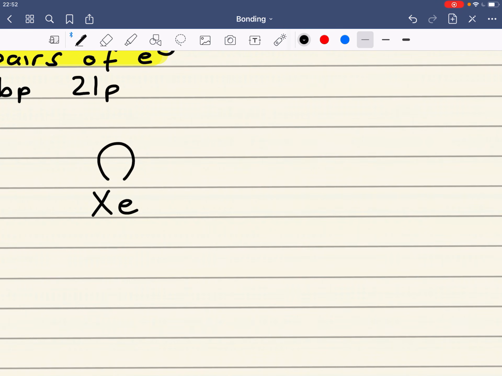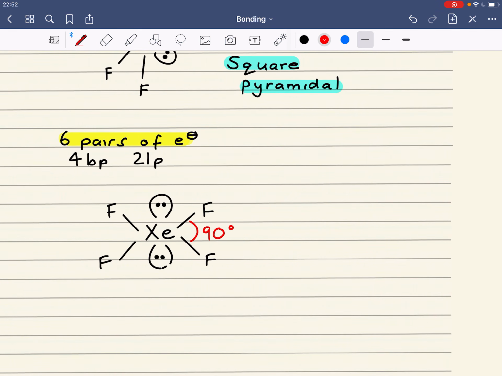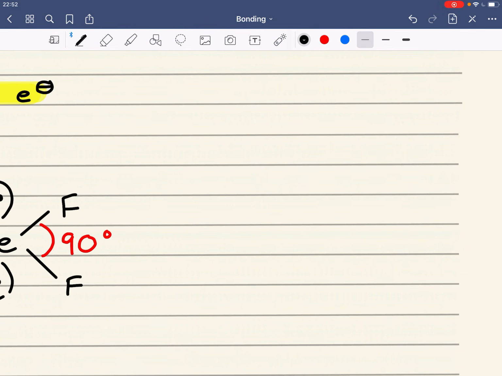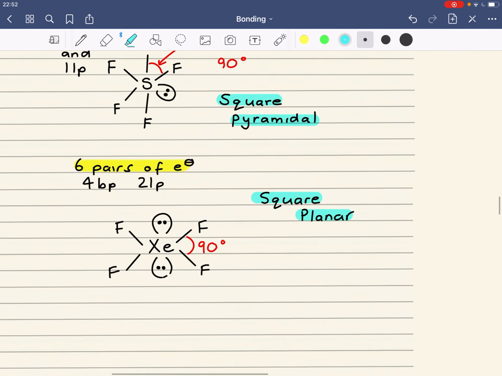So you'd have lone pairs at 180 degrees to each other. And that therefore means that my bonding pairs would be here. And the bond angle here is 90 degrees. And the name of this shape is square planar. All these atoms are in the same plane, and this is called a square planar molecule.